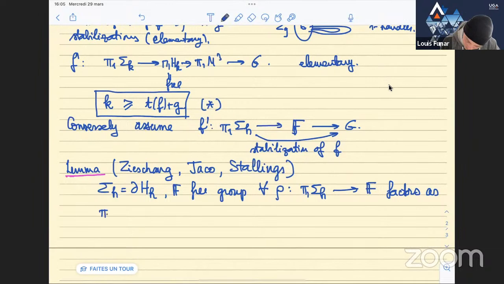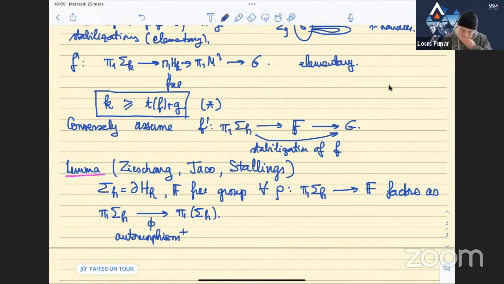Well, pi 1 of sigma H is going into pi 1 of sigma H by means of an automorphism phi. Automorphism, I can put even plus always.